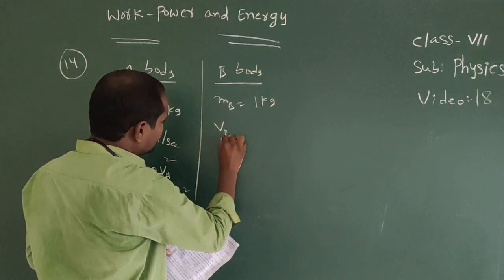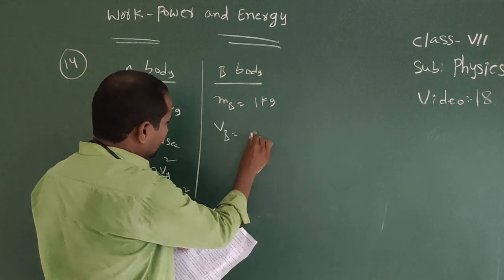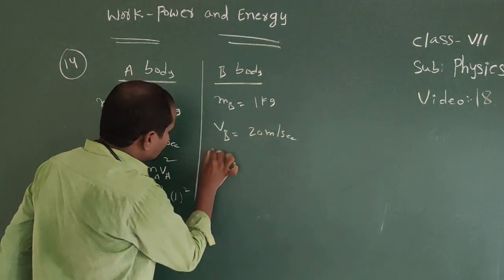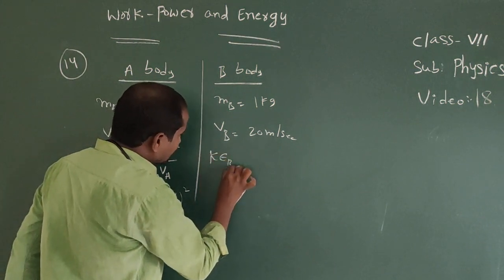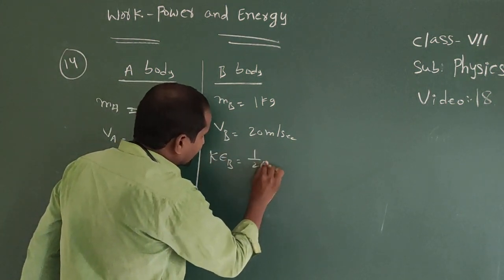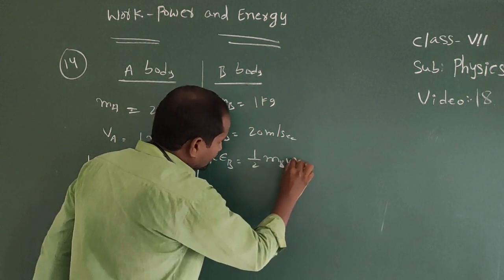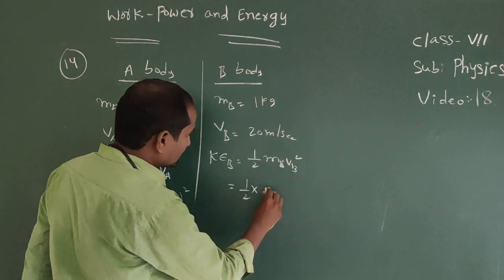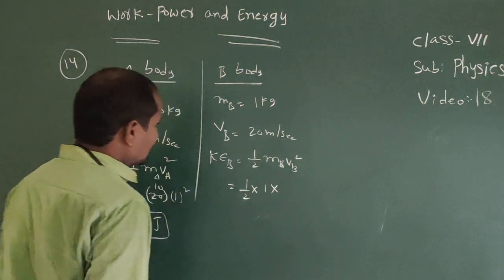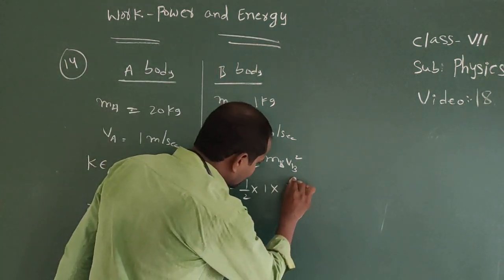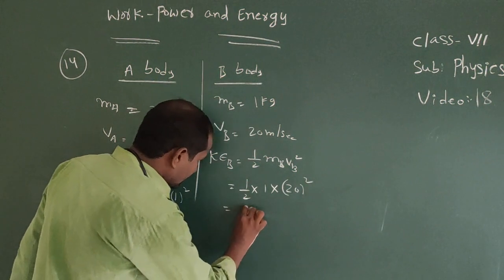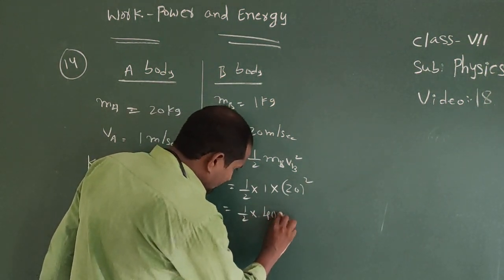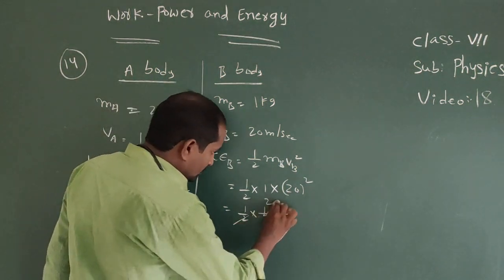B body moving with a velocity 20 meter per second. Now, kinetic energy of B equal to half into m into v square. So here half into 1 into 20 whole square, that equal to half into how much here? 400. So once here 200.